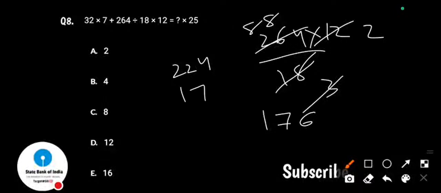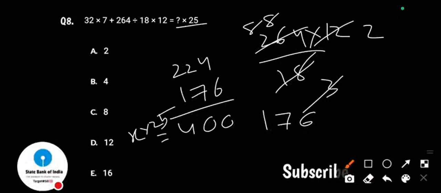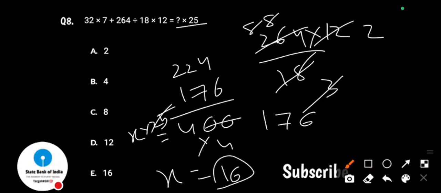So 176 is also added, and 4 whole equals x into 25. So 25 4 times. So we have 4 into 4, which will be 16. So the answer will be 16. Option E, 16, is our answer.